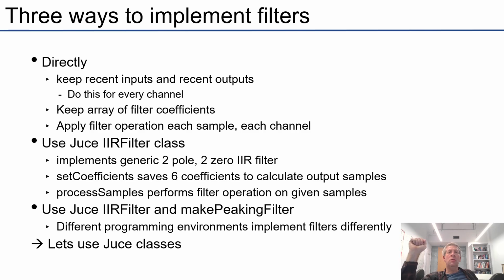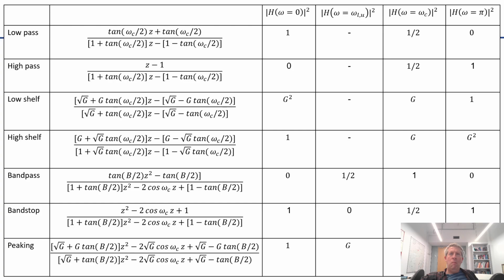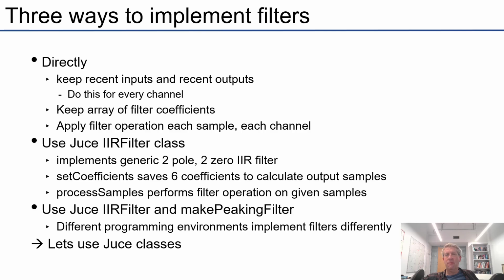Or one can use the filter class and make peaking filter, which is another class that specifies how a filter must look based on these sorts of equations for the coefficients of the filter for different behavior.